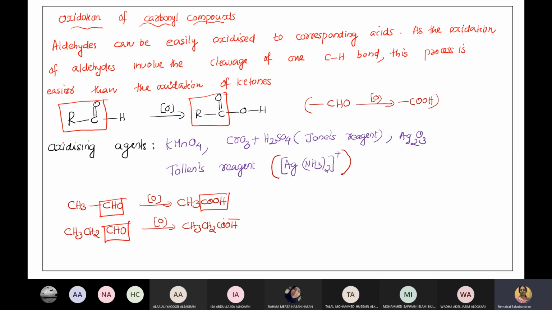CH3CH2CHO will become CH3CH2COOH. That means CHO can easily become COOH. This process is so easy and it can be easily oxidized when compared to ketones. Oxidation of ketone is difficult, whereas oxidation of aldehyde is very easy.